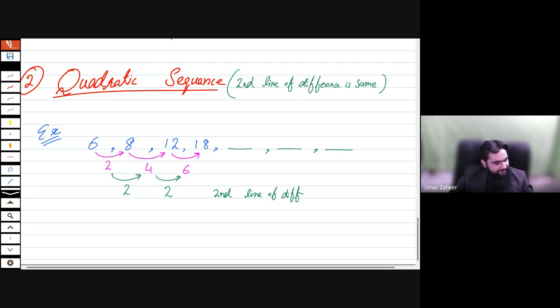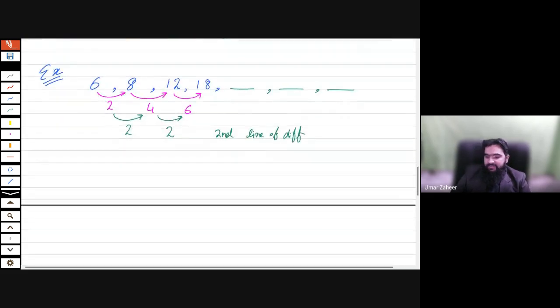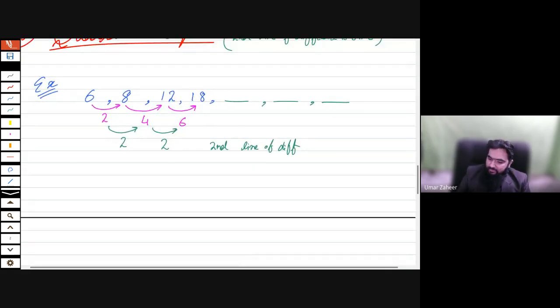Now next we have to find out how we can find the nth term of the sequence. Look here. We have to add 2, so 6 plus 2 will be 8. And 18 plus 8 will be 26.